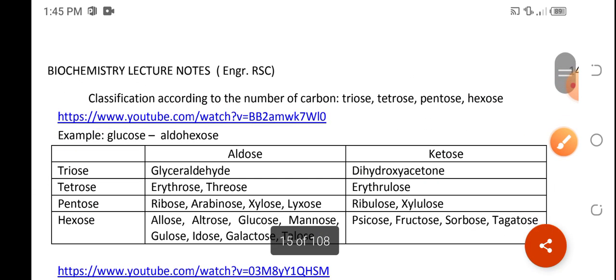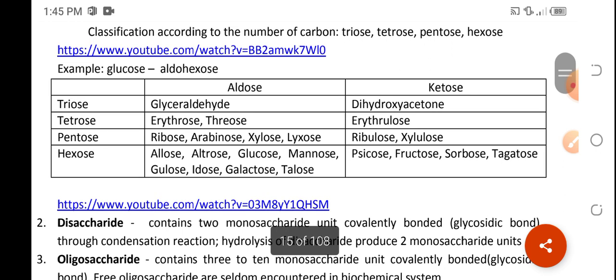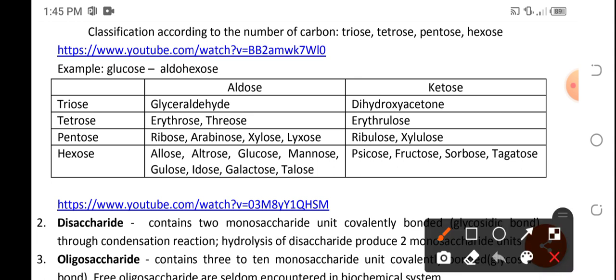Another classification of monosaccharide would be according to the number of carbon atoms. Naalala natin kanina, the naturally occurring are those with 3 to 4 carbon atoms, and those that are common are 5 to 6. So if there are only 3 carbon atoms, that would be known as triose, 4 for tetrose, 5 for pentose, and 6 for hexose.